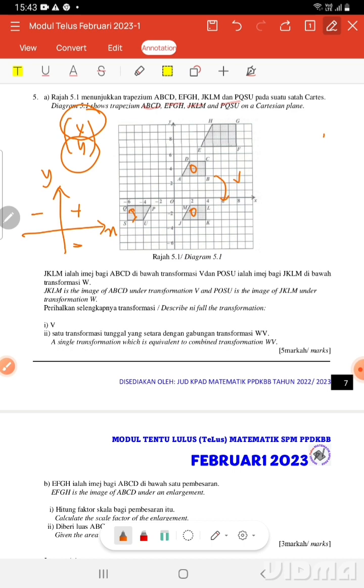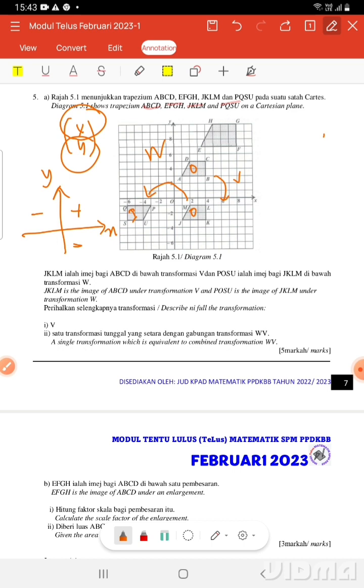Di bawah transformasi W. So from here to here, dia mengalami W pula. Soalannya, describe in full a single transformation which is equivalent to combined transformation VW.